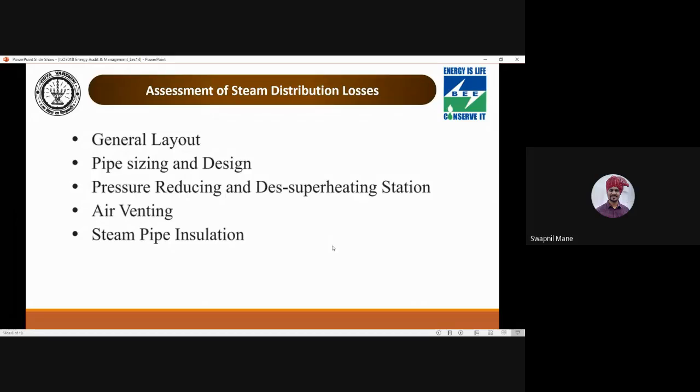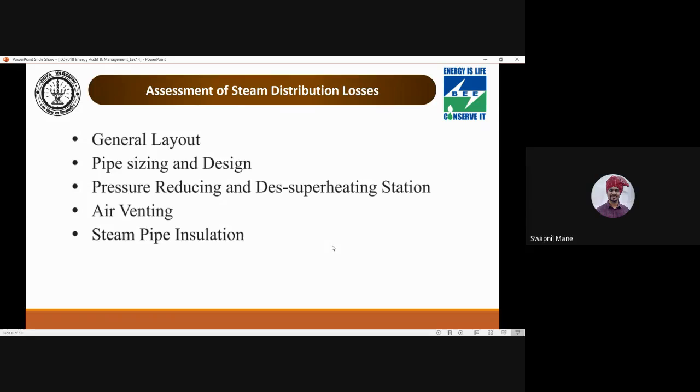Since the process requires only saturated steam, desuperheating is often required to compensate for superheat gained in pressure reducing valve application due to isenthalpic expansion. So pressure reduction and desuperheating of the steam, or conditioning of steam, is done in many industries or processes. Generally the temperature of the steam after desuperheating will be closer to saturation temperature for heat transfer application.